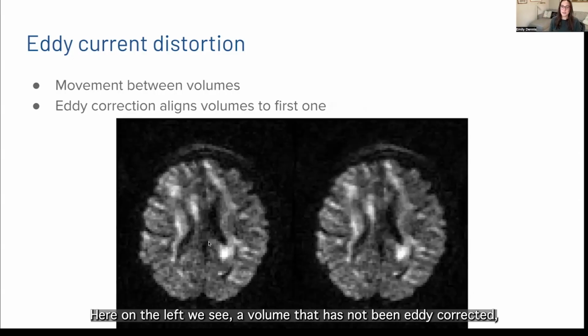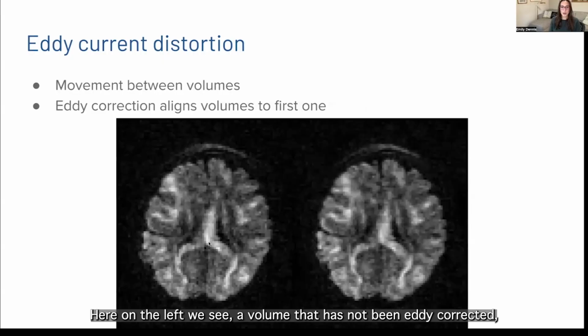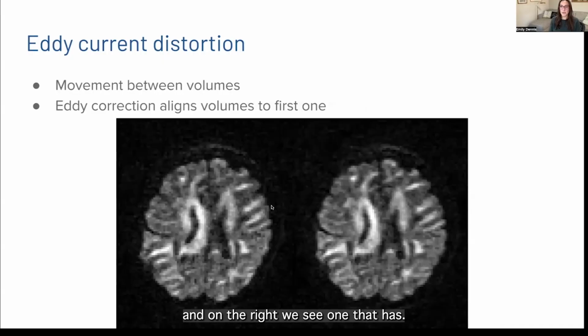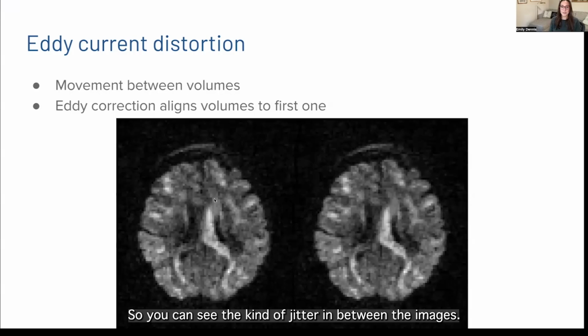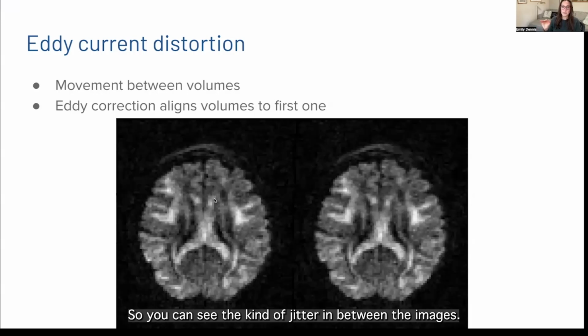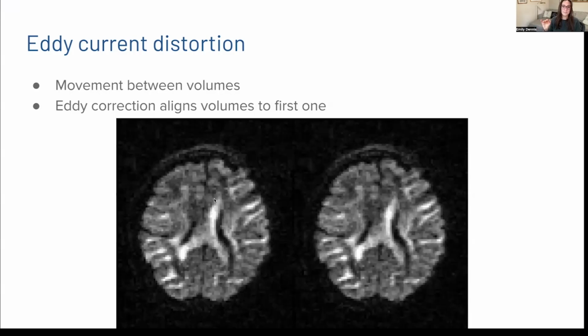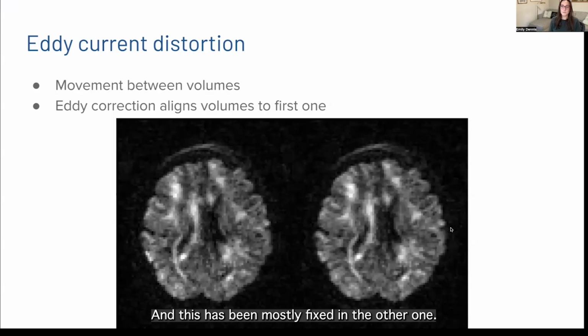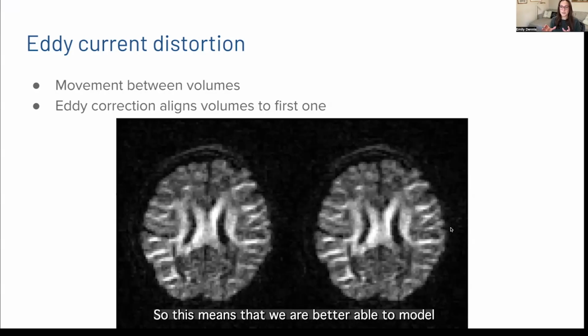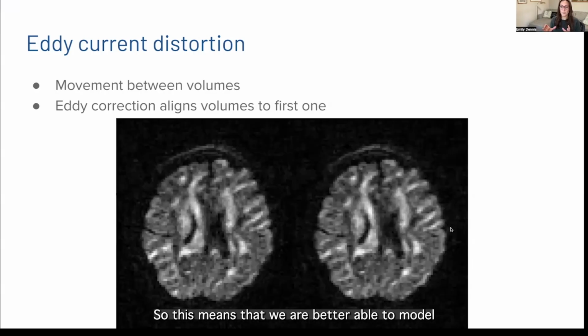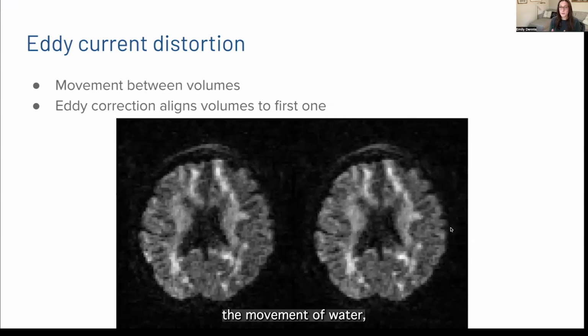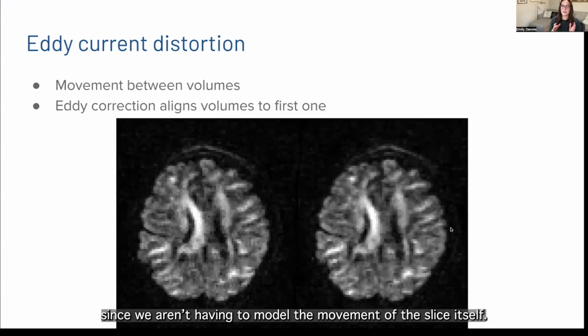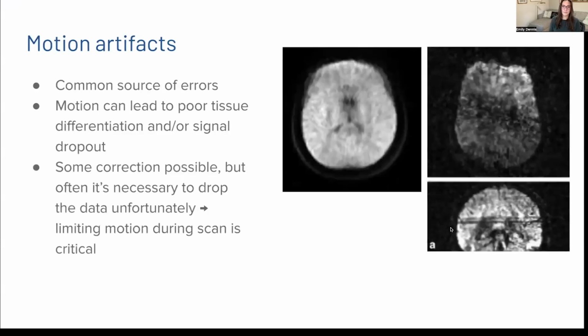Here on the left, we see a volume that has not been eddy corrected, and on the right, we see one that has. So you can see the kind of jitter in between the images, and this has been mostly fixed in the other one. So this means that we are better able to model the movement of water since we are not having to model the movement of the slice itself.